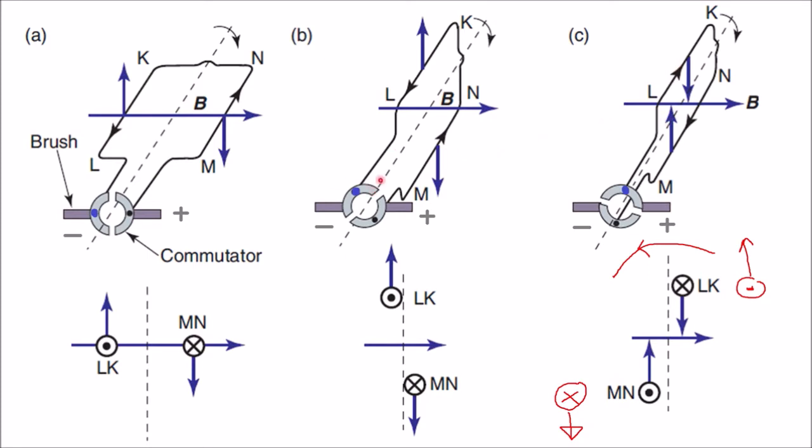Okay? The other thing you'll see is I also mentioned that where the plane of the coil, this bit here, is perpendicular to the direction of our magnetic field, the force is 0, rotation is 0.